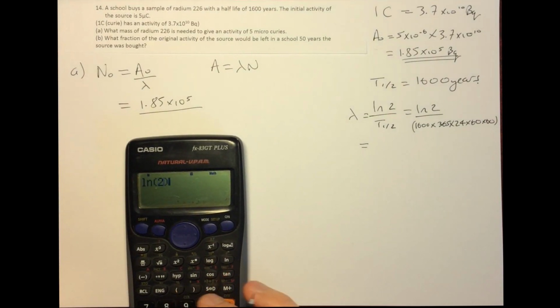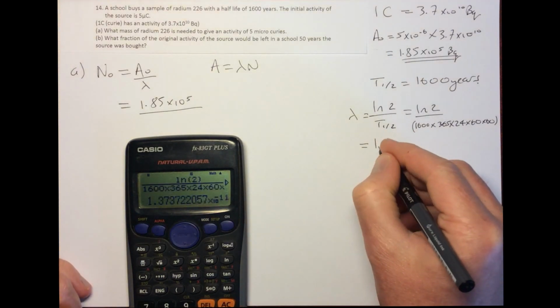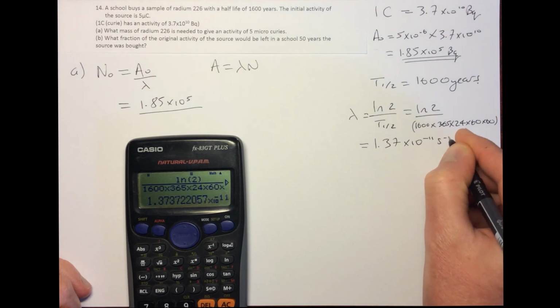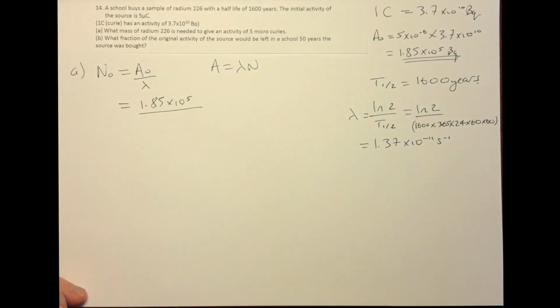So ln2 divided by 1,600 years, but to convert that into seconds, multiply by 365 days, 24 hours in a day, 60 minutes in an hour, 60 seconds in a minute. Okay, and that gives us then our decay constant in the unit per second rather than per year.